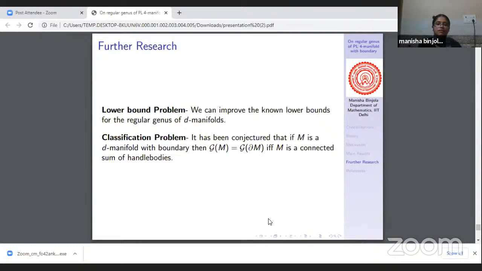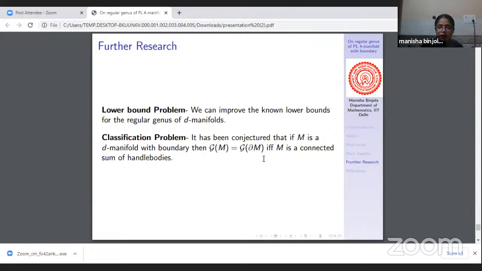Now, first thing we can do using these slides, we can always improve our lower bounds. So for further research, this is one thing that can be done. Now, in one of the slides I told that we gave the lower bound for regular genus. Regular genus is always at least the regular genus of its boundary. Okay? And what happens if there is equality?